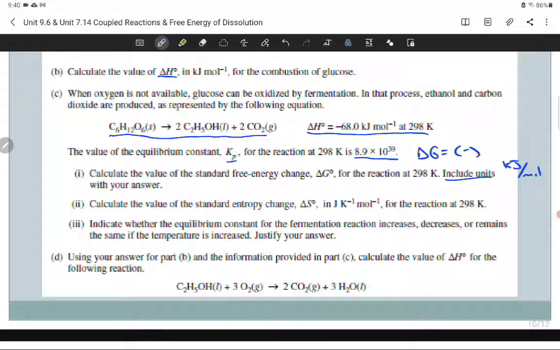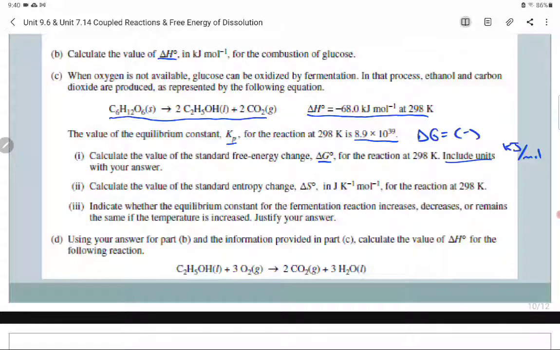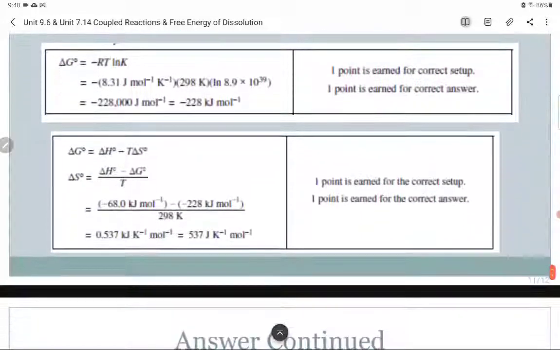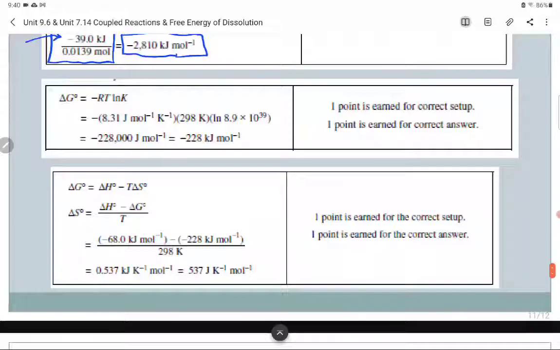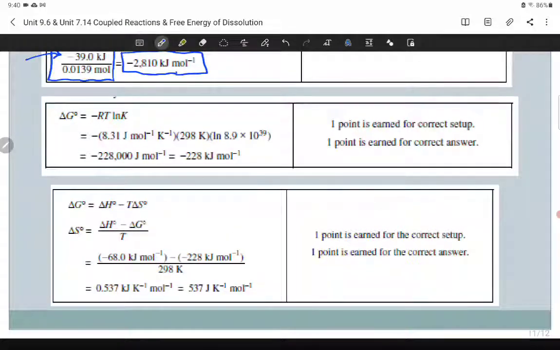Okay. And then if you have a K and you want to find delta G, there's a little equation to do that with. This is in your equation sheet, so you don't have to memorize it. It's negative RT natural log K. Remember that the R in this case is not the gas laws R, but the energy one.